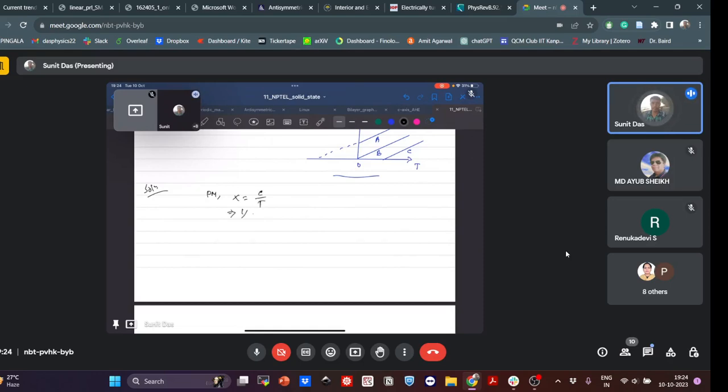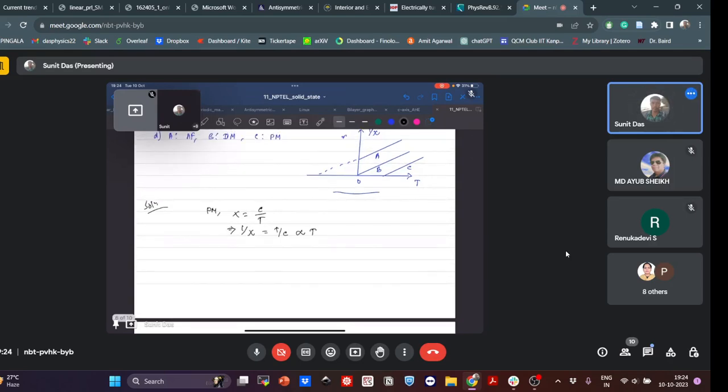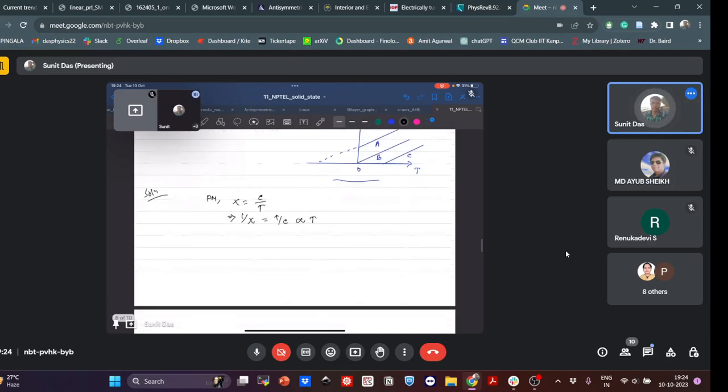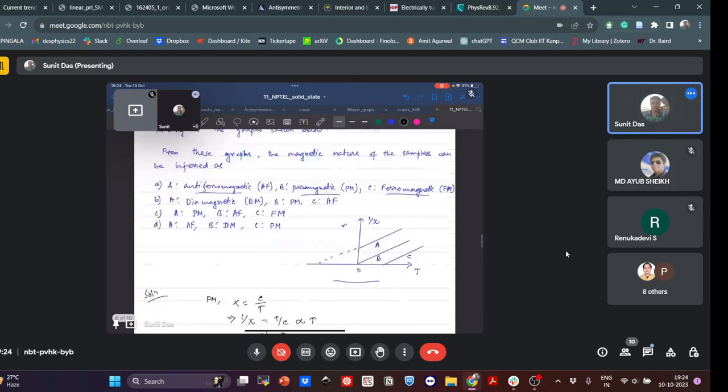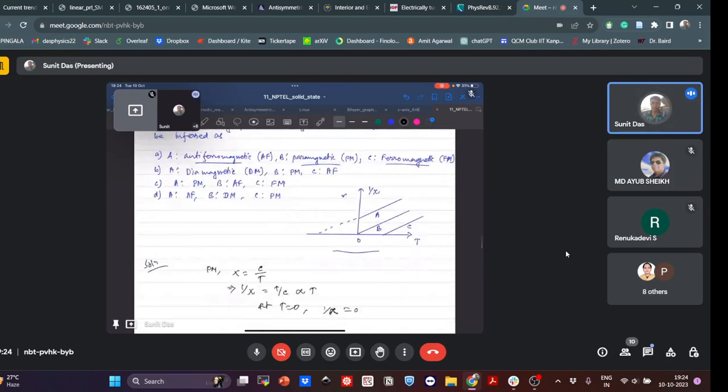That means 1 by chi is T by C, proportional to T, right? So at T equal to 0, 1 by chi is also 0. 1 by chi becomes 0 at 0 temperature. So this is PM, paramagnetism.